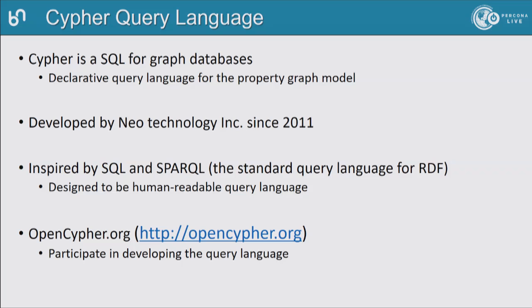It borrows many clauses from SQL, such as where and order by, and it borrows the graph pattern matching features from Sparkle. Neo Technology opens the Cypher language specification as a public project, OpenCypher. So other vendors can implement the Cypher language in their own database system.